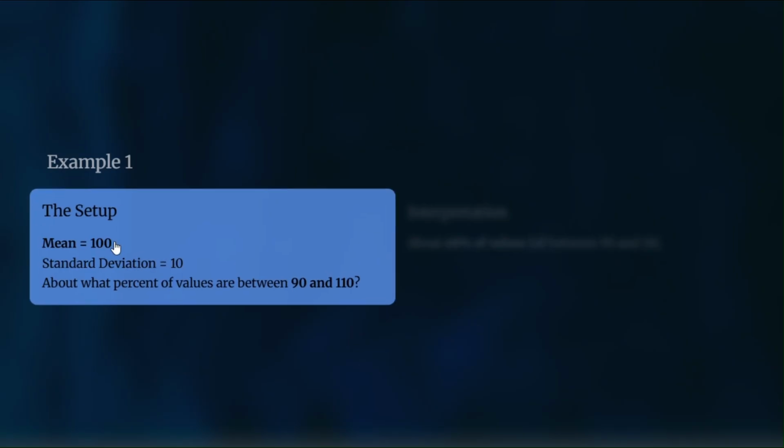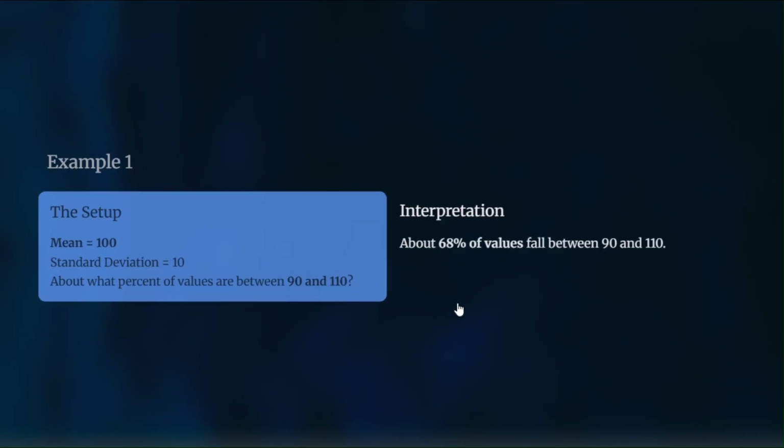So if we do 100 minus 10, that will be 1 standard deviation below the mean. And 100 plus 10, that will be 110, which is 1 standard deviation above the mean. Therefore, about 68% of the values will fall between 90 and 110 because these values are 1 standard deviation of the mean.